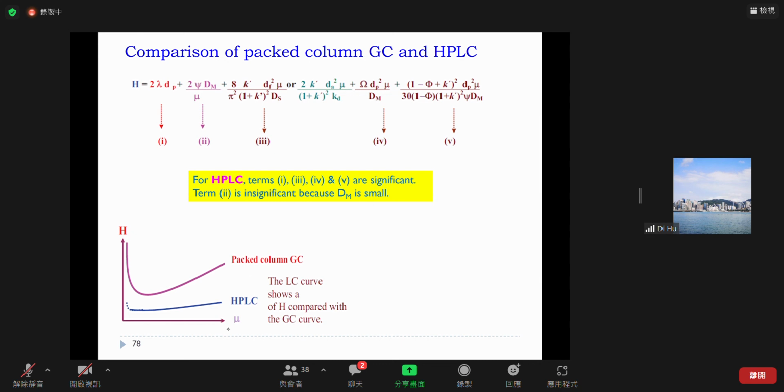If we compare the packed column GC and HPLC, for HPLC term 1 is important, and terms 3, 4, 5 are significant. Term 2 is insignificant because of the diffusion coefficient.